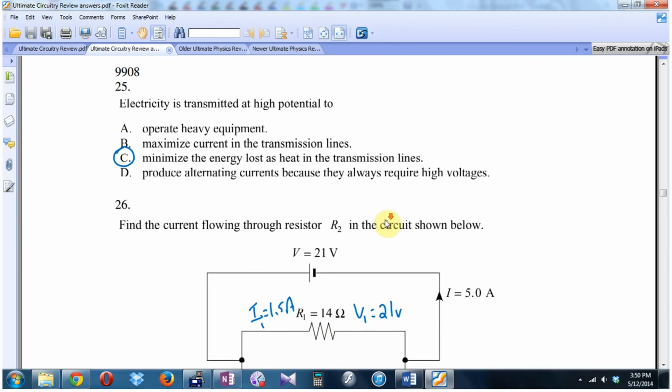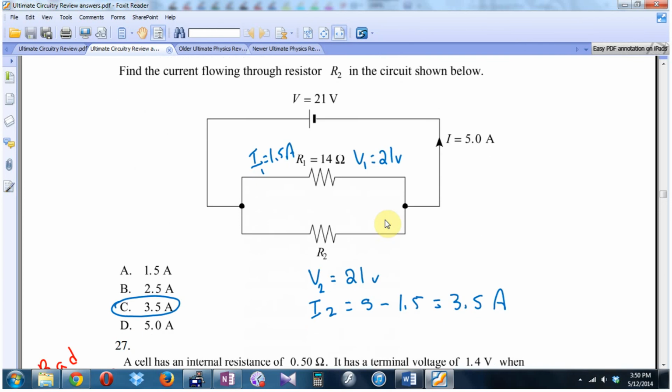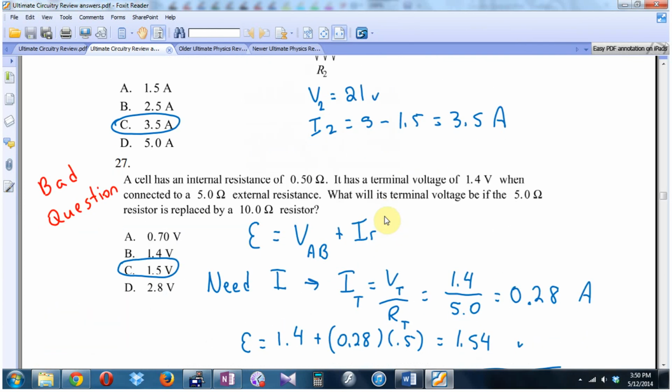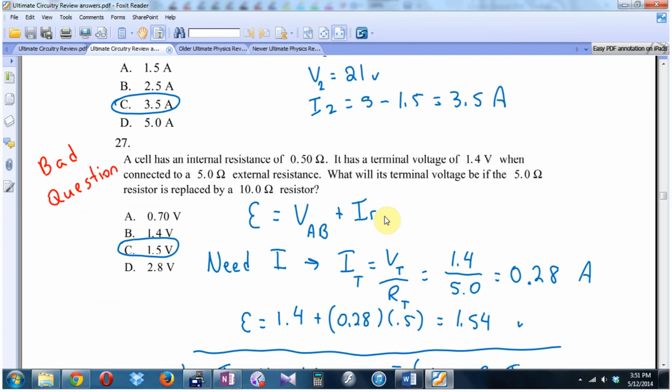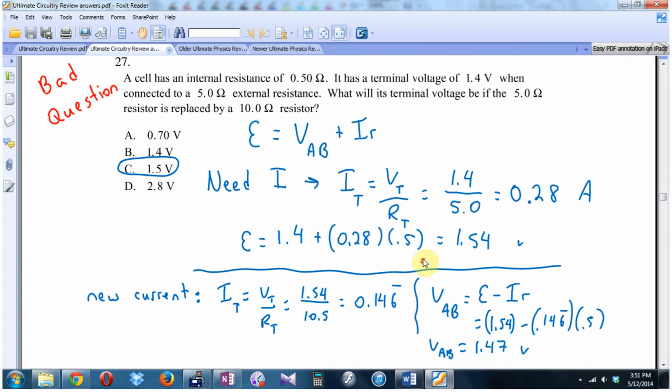25, you can cross out. Oh, here it is. 27. Bad question. And the reason I didn't like this is you get an EMF of 1.54, which to 2 sig figs rounds to 1.5, and you get a terminal voltage of 1.47, which to 2 sig figs rounds to the same thing.